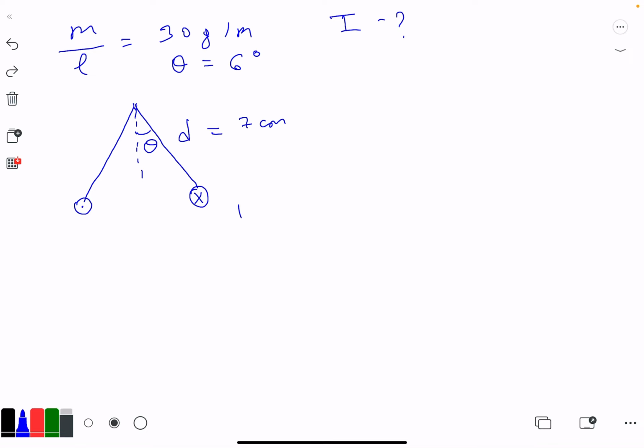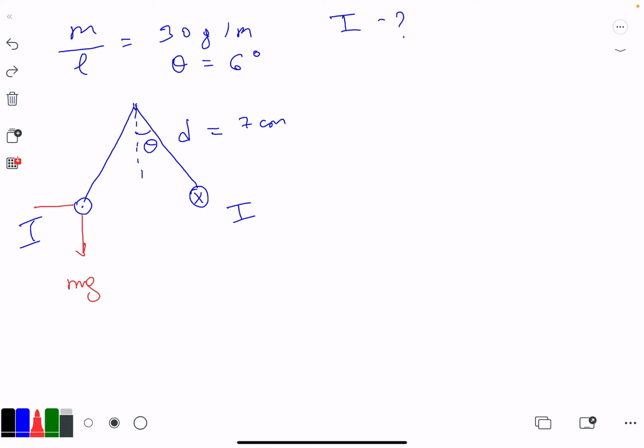Now, since both currents are the same but flowing in opposite directions, how can we find it? So first of all, let's pick up the left side and draw a free body diagram of all forces on it. So first will be the force which is mg.